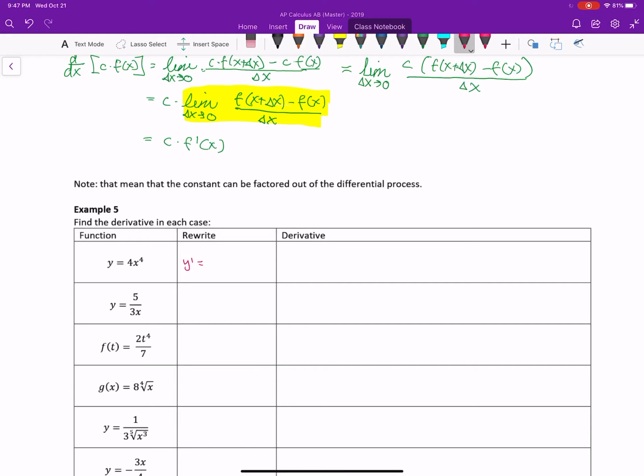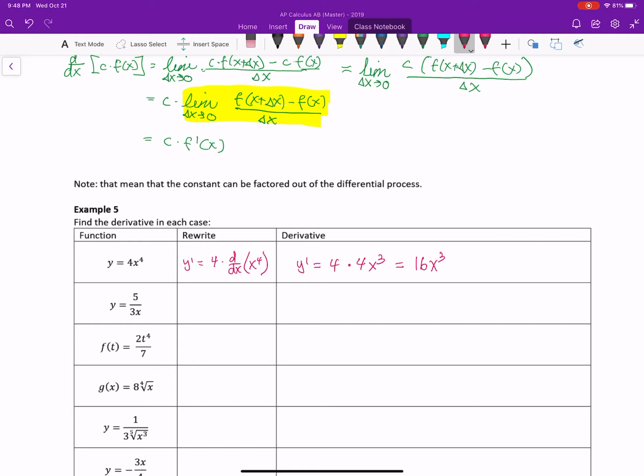That means I can essentially do 4 times d/dx of just x to the 4th. So y prime is equal to 4 times the derivative of x to the 4th, which we used to prove the power rule, is 4x to the 3rd. So that's going to give me 16x to the 3rd.